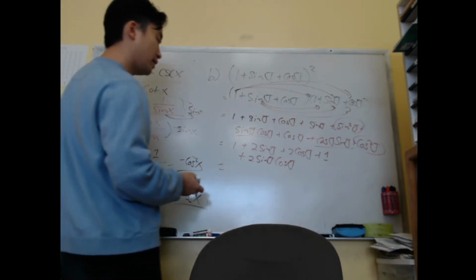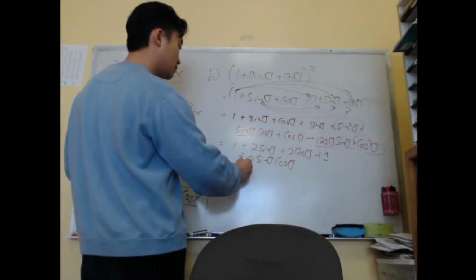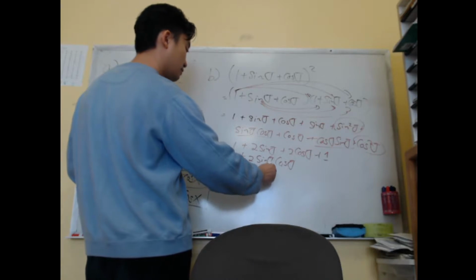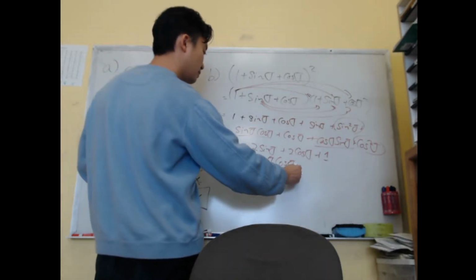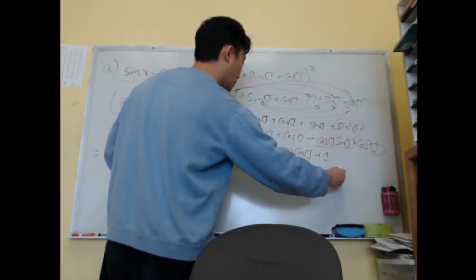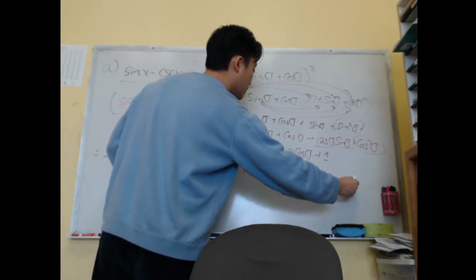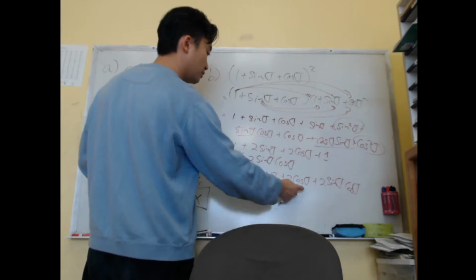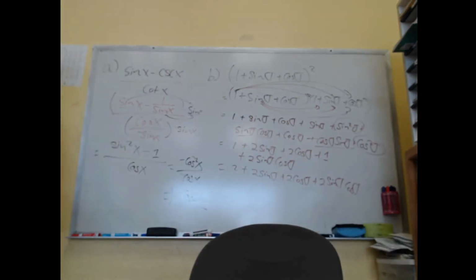Factor 2 out, okay? Well, looks like we can combine the like terms first, right? And we're left with a polynomial. 1, 2, 3, 4 terms. How do you factor a four-term polynomial? Take out 2 first.